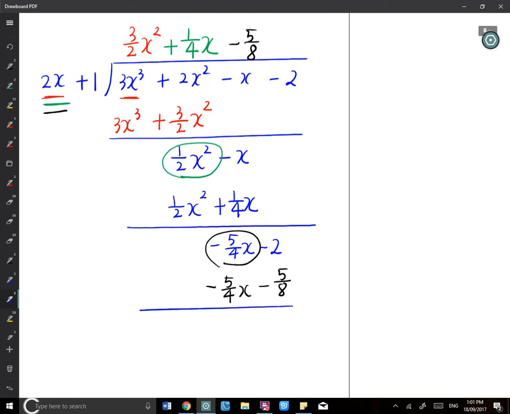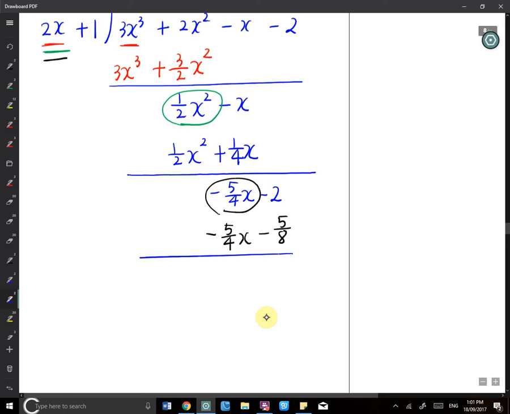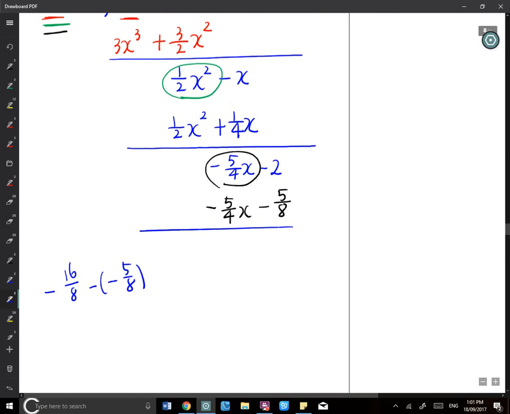Minus 2 is minus 16 over 8, and minus negative 5 over 8 is actually a plus, so you have minus 11 over 8.